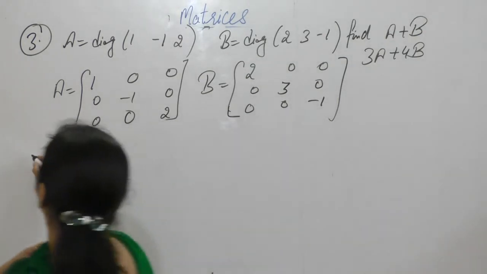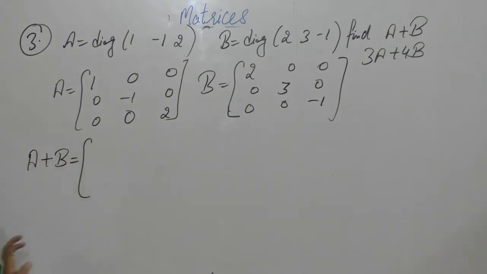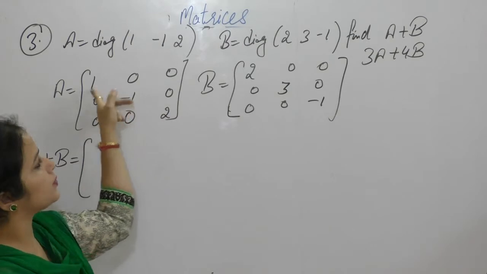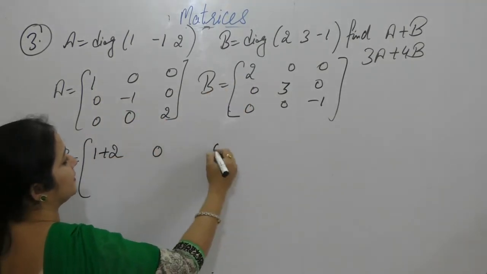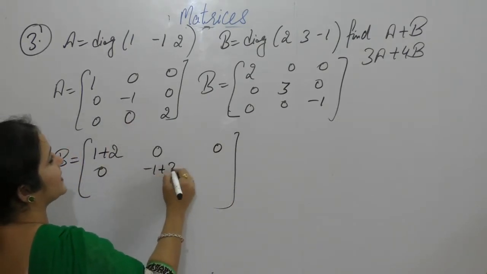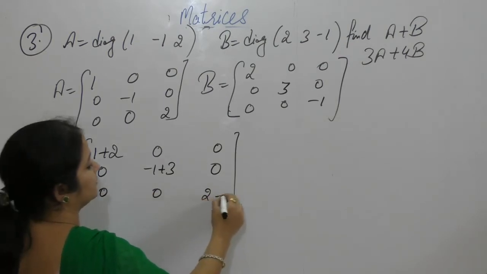Now what do we want to find? A plus B. To find A plus B, add these two matrices, corresponding elements: 1 plus 2, 0 plus 0, 0 plus 0, 0 plus 0, minus 1 plus 3, 0 plus 0, 2 minus 1.